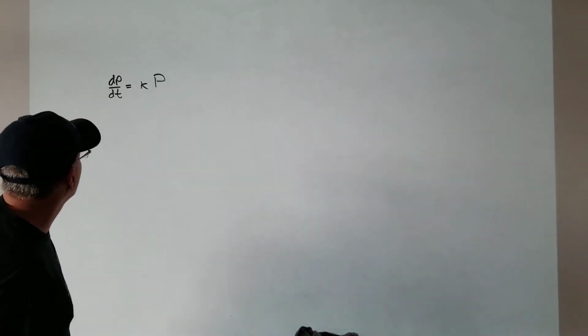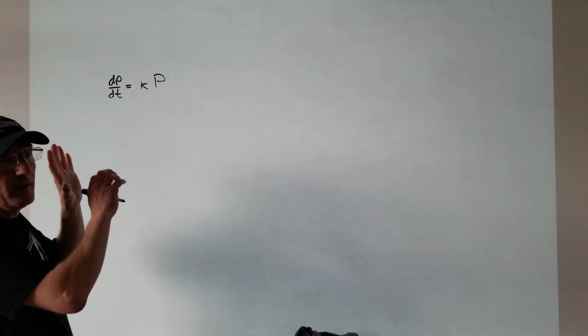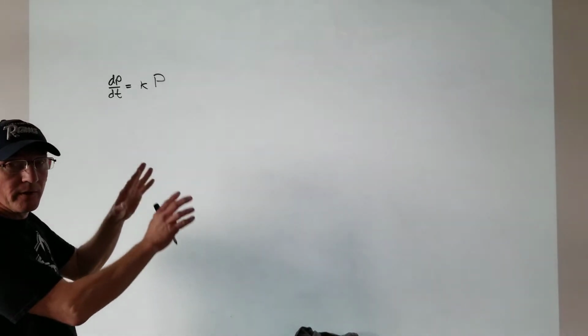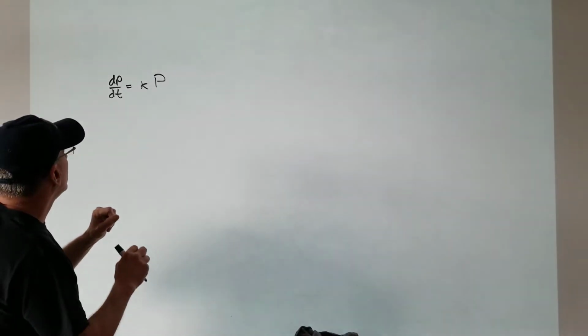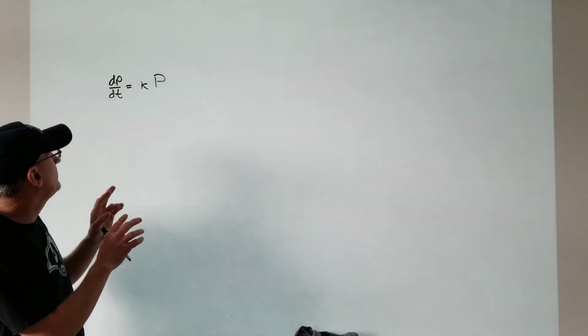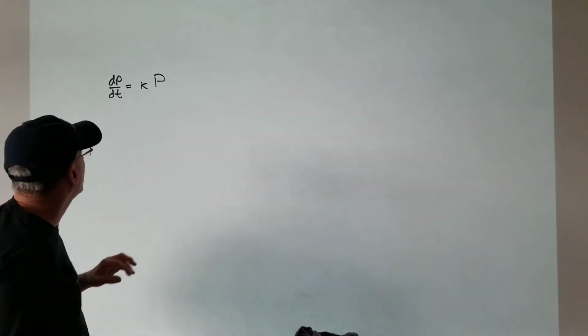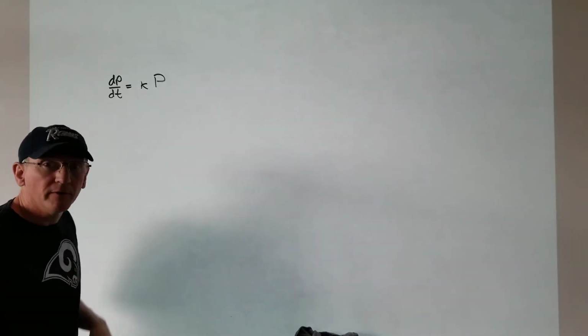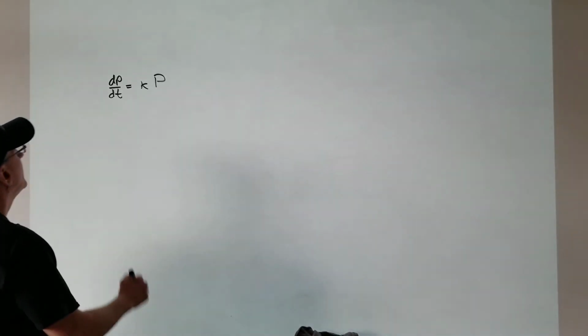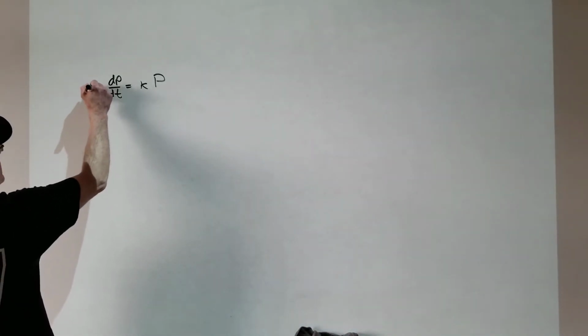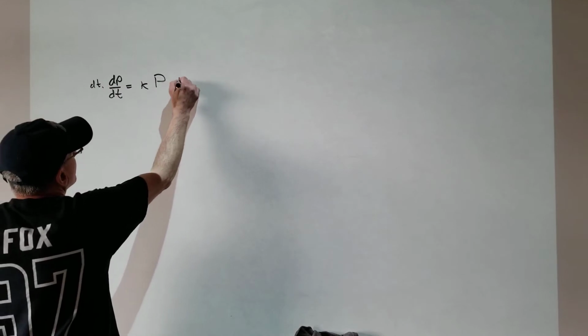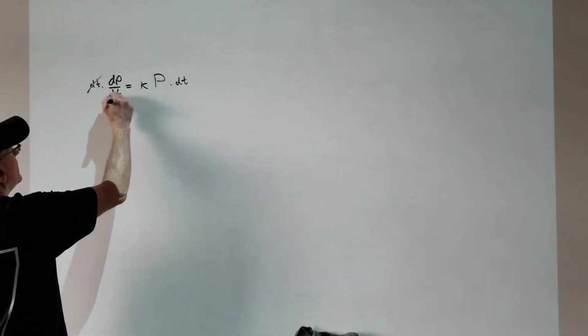Well, to separate something like this, we'd like to get all the p variables and p differentials on one side, and any kind of a t variable or t differential should be on the other side. You saw me do this in the previous video. I'm going to go a little bit faster this time. Multiply both sides by dt and cancel the dt's.